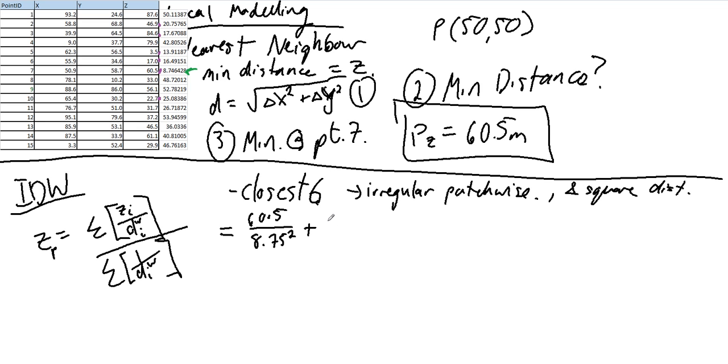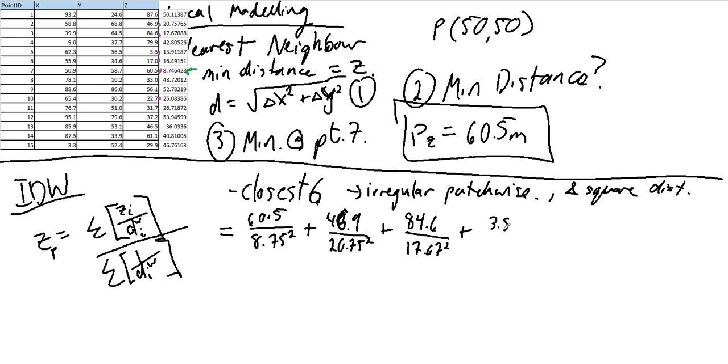And then I add my next one. So I'm just going to go from the top down instead of the closest to the bottom. So my top one is at 46.9 divided by its distance, 20.75 squared, plus 84.6 divided by the distance, which is 17.67 squared, plus the next one.